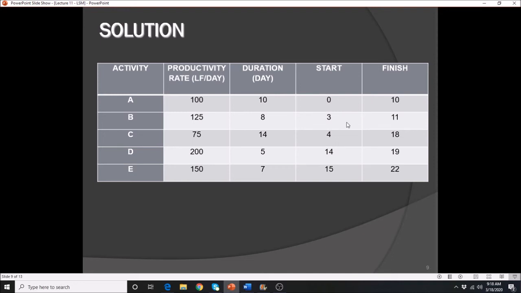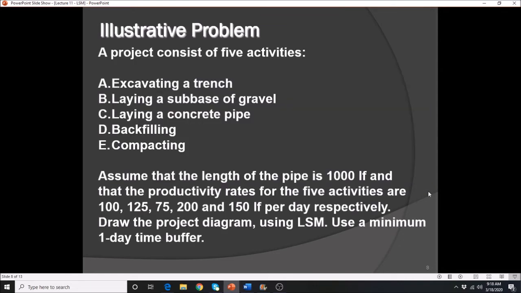Alright, take a look here. If we begin on the 2nd day, plus 8, what is the sum? The 10th day. So if it finishes on the 10th day, what will happen? It intersects your activity A. Remember, the problem tells us that you need to provide a minimum 1 day buffer.